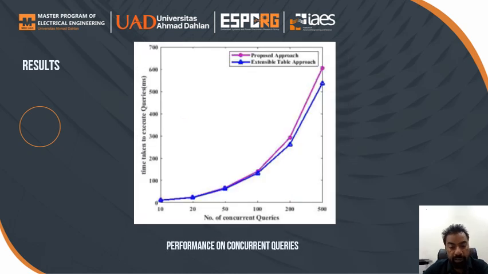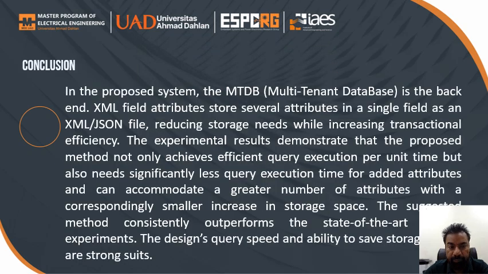When we assess query performance with concurrent queries on the XML table approach, the proposed approach, we find that it matches the extension table or state-of-the-art approach in the case of concurrent queries.